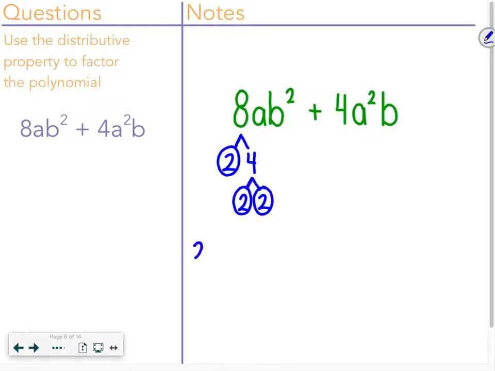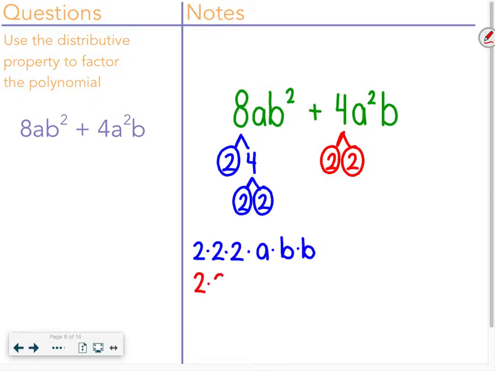So we've got 2 times 2 times 2, an a and 2 b's. 4a squared b, so 4 would be 2 and 2. 2 is prime. 2 times 2 times a times a times b.